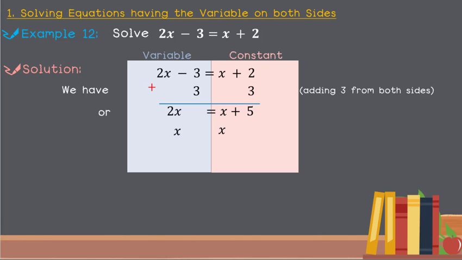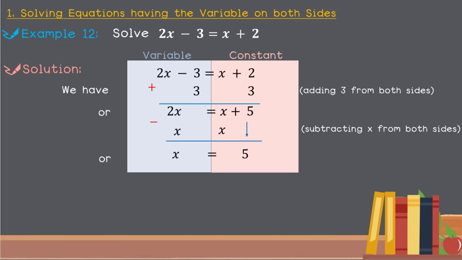The left hand side, 2x minus x, is x, and that is going to be equal to x minus x. That cancels out, that's the whole point of subtracting x. So x is equal to 5, and that is our answer.